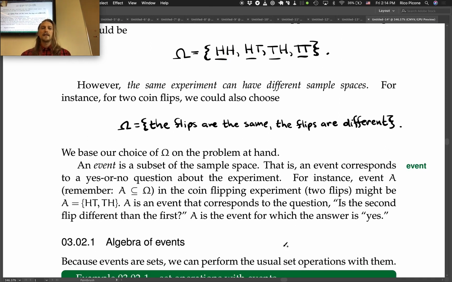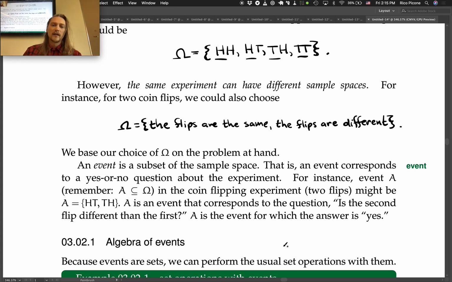An event is a subset of the sample space. That is, an event corresponds to a yes or no question about the experiment. For instance, event A, remember A is a subset of omega, in the coin flipping experiment with two flips might be heads tails, tails heads.